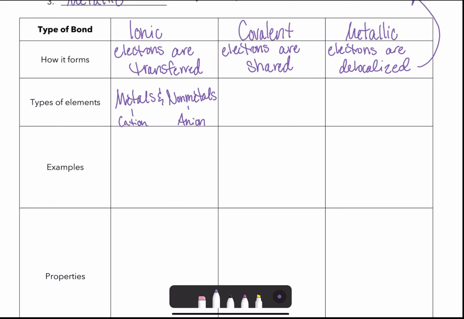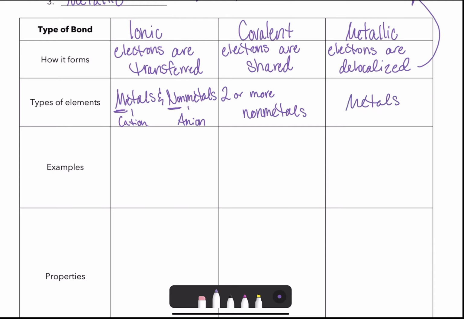To remember ionic, metal and non-metal, I like to remember the little phrase, I love M&Ms, because it's I for ionic, love, and then metals and non-metals, M and M's. So hopefully that helps you. Covalent bonds are between 2 or more non-metals. And metallic bonds, as it sounds, are between metals.